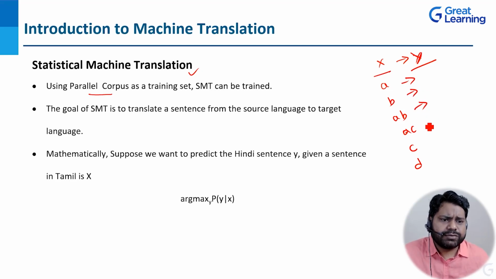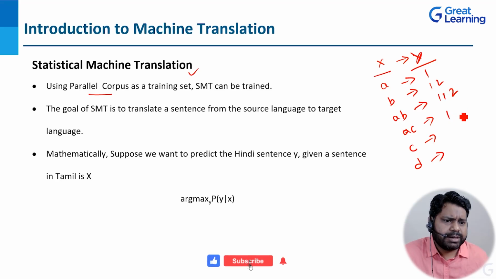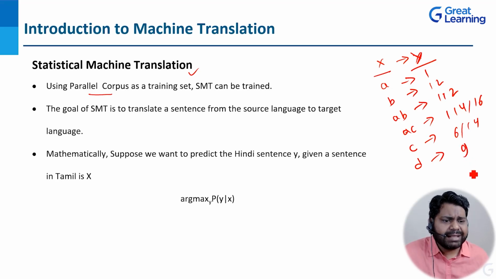The corresponding values for Y for the training set would be, let's say, 1, 1, 2, then 1, 1, 4, or let's say 1, 6. Then C would be 6, or it would be 14, then D would be 9, and so on.